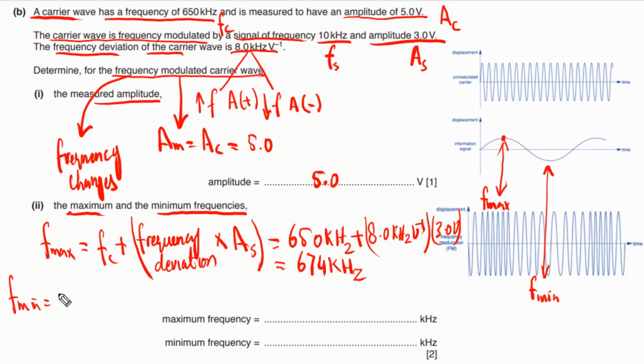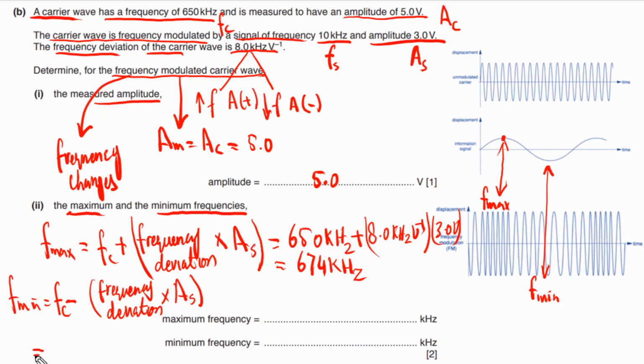Now let's find the minimum frequency as well. For the minimum frequency, we have the frequency of the carrier wave, and now we need to subtract the frequency deviation multiplied by the amplitude of the signal.